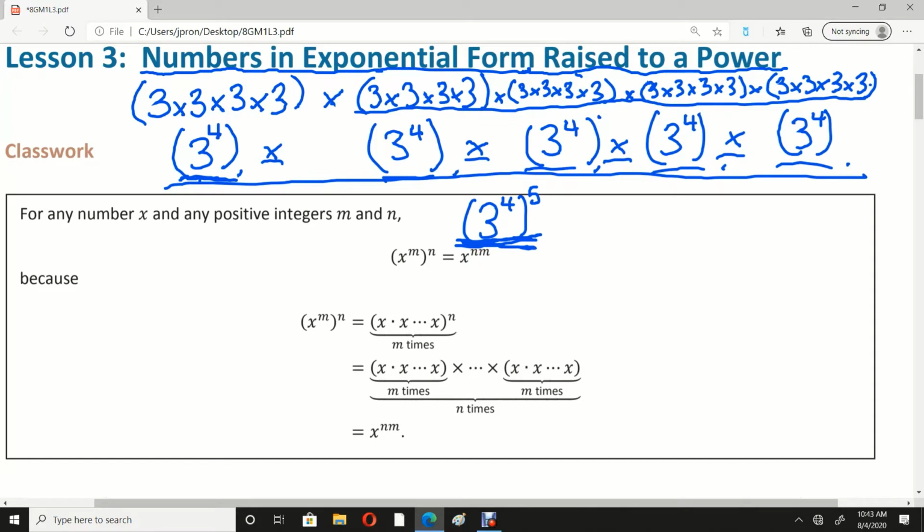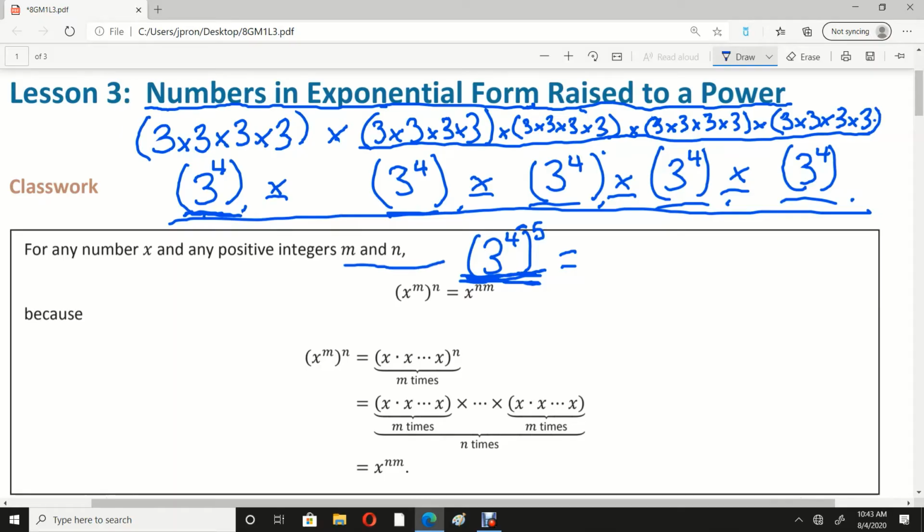Okay, I see some of y'all went for 3 to the ninth power. Kind of like we did in the last lesson where we added the exponents, right? But no, this would be wrong. So now let's go back instead and think about the original problem here. So we had 3 times 3 times 3 times 3 times 20.